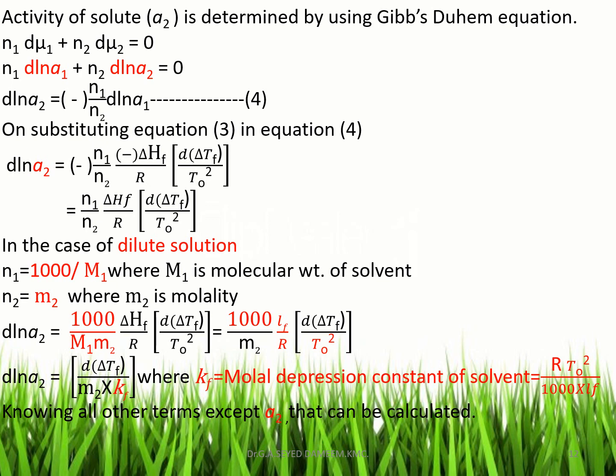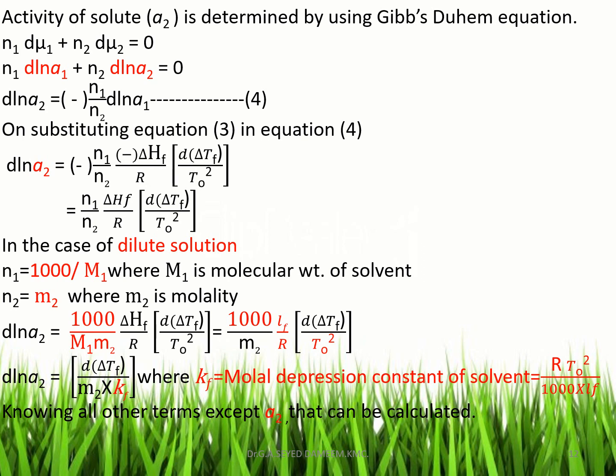On simplifying this equation, delta HF divided by M1 can be written as small LF. Delta HF is the molar latent heat of fusion, that is latent heat of fusion per mole, but small LF is the latent heat of fusion per gram.